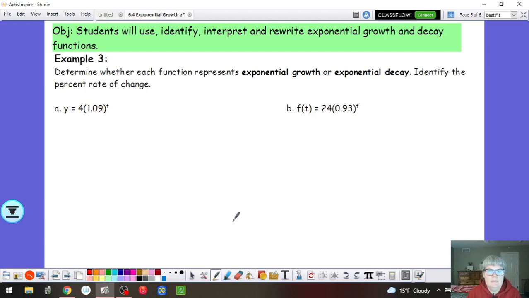Example 3, we can also tell by looking at equations whether they represent exponential growth or exponential decay. And once we've done that, we're going to find the percent rate of change. So because this is greater than 1, this is going to be exponential growth.